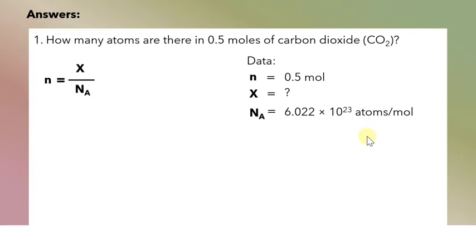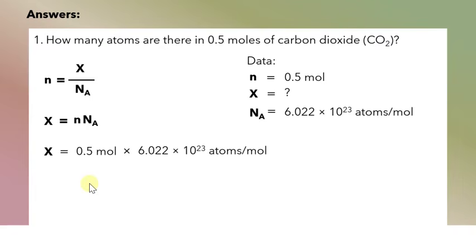So what we are going to do first of all is to make X the subject of the formula, because that's what we are going to find in this case. So say X is equal to number of moles times Avogadro's constant. Then the next thing is to say X is equal to, substitute, number of moles is 0.5, times Avogadro's number, 6.022 times 10 to the power 23 atoms per mole.